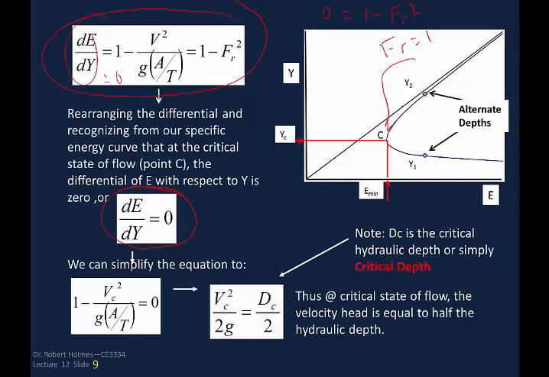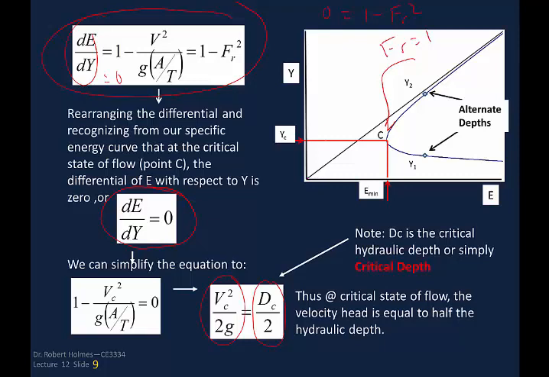We can further say that at that location, if I've got 0 for that dE/dy, rearranging this term tells me that the velocity head is equal to 1/2 the critical depth.